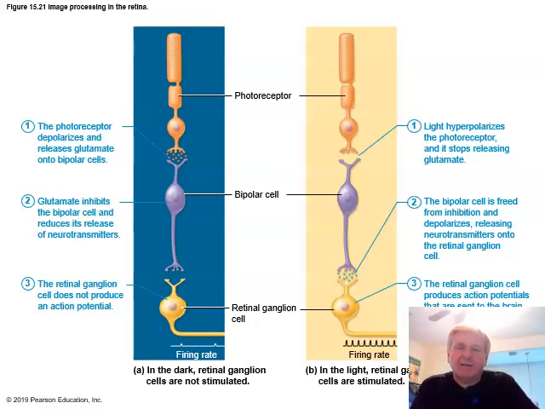Whereas in light, light will hyperpolarize your photoreceptor. Now it stops releasing glutamate. The bipolar cell is freed from inhibition and it depolarizes. That releases the neurotransmitter onto the retinal ganglion cell. The retinal ganglion cell then produces the action potential, and that's sent to the brain via the optic nerve.